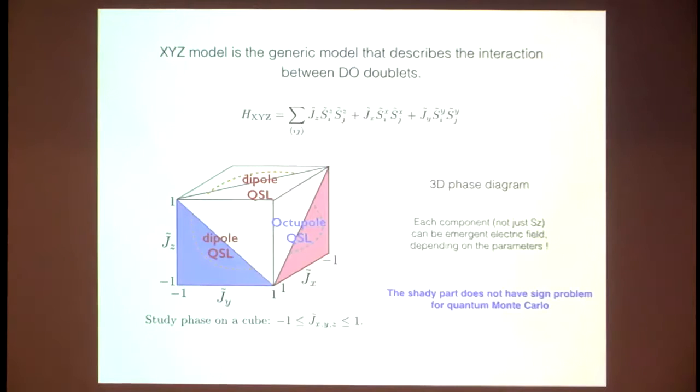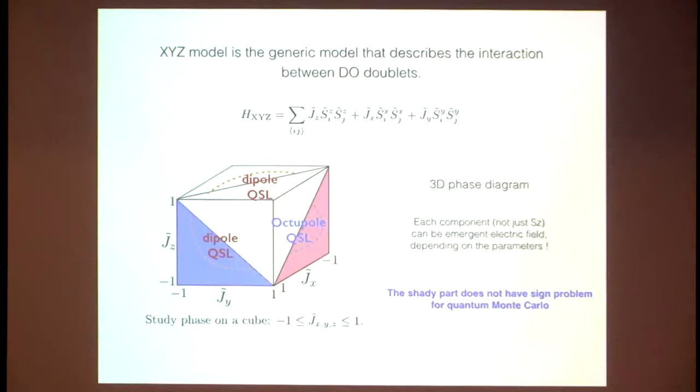But this model has a remarkable property, which is that it has permutation symmetry under the permutation of x, y and z. So here on the top surface, we treat the system as a proximate model to the XXZ model. We treat the Sz component as a quantization axis.